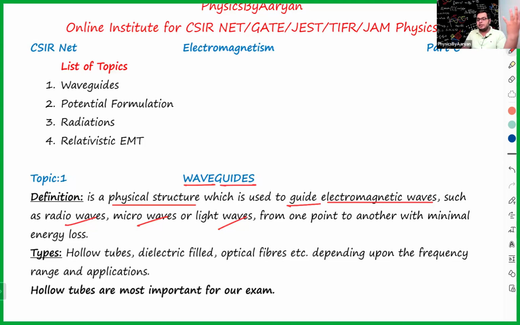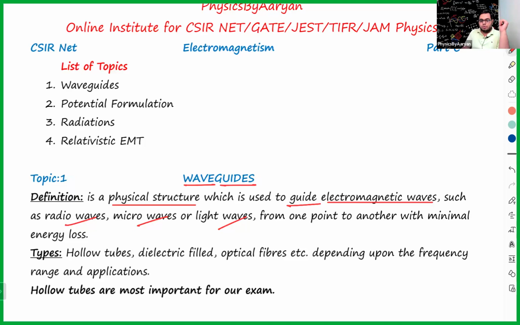For example, our internet is working on optical fibers. So we are getting the internet signals from optical fibers, and optical fiber is a type of waveguide. Similarly, there are other waveguides as well, and we are going to study one of them out of all the examples.